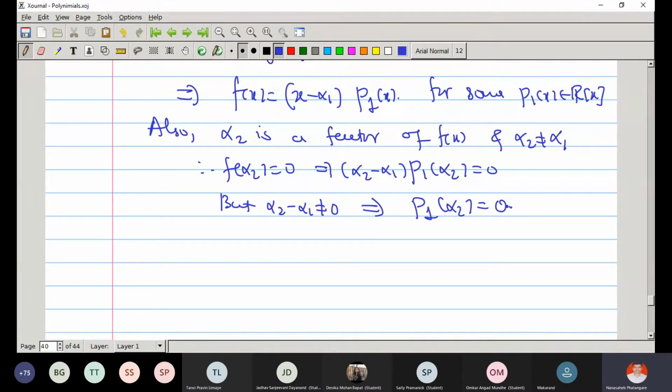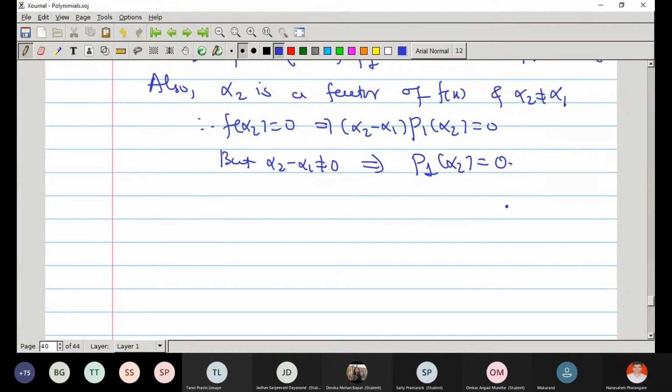But again by the factor theorem, what happens? x minus alpha 2 is a factor of p1(x).